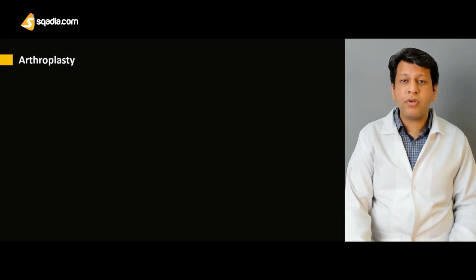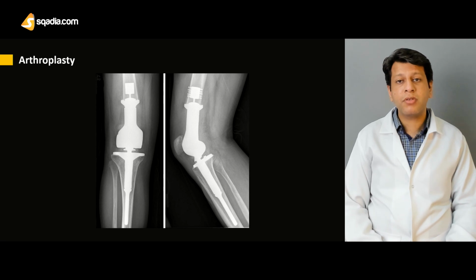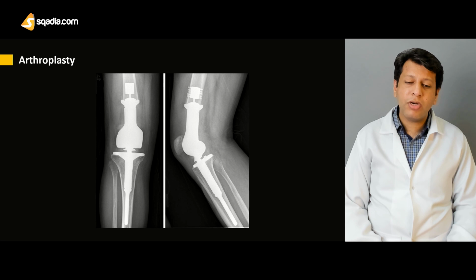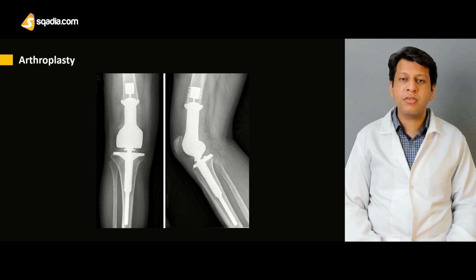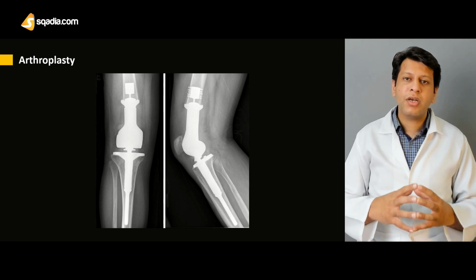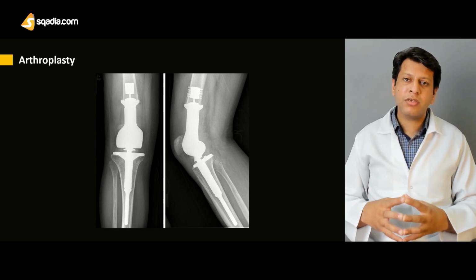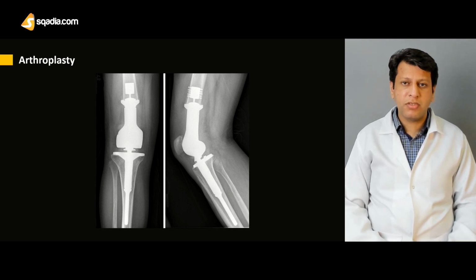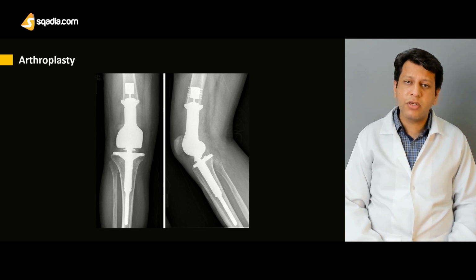Then with the advent of new joint replacement surgeries, arthroplasty is a very good option for end-stage arthritis of the knee joint. And nowadays, end-stage arthritis, whether it's secondary rheumatoid arthritis, tuberculosis, or due to any other disease, eventually goes towards knee replacement, and it has very good results as well.